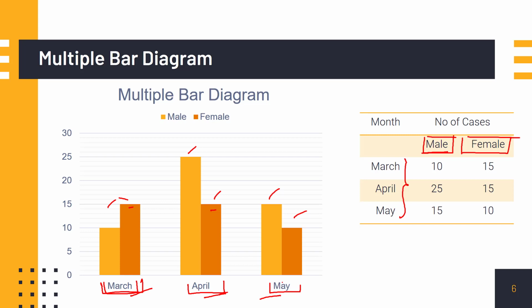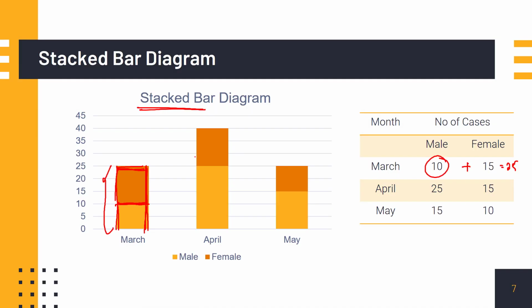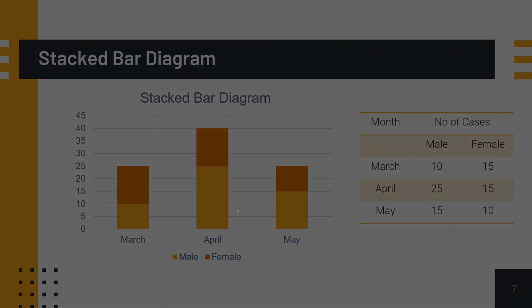Which month has the highest number of male? April has the highest number of male. Here also we can say which has the highest number of patients. April has the highest number of patients, and it also has the highest number of male compared to other months, right? So these are the three different bar diagrams.